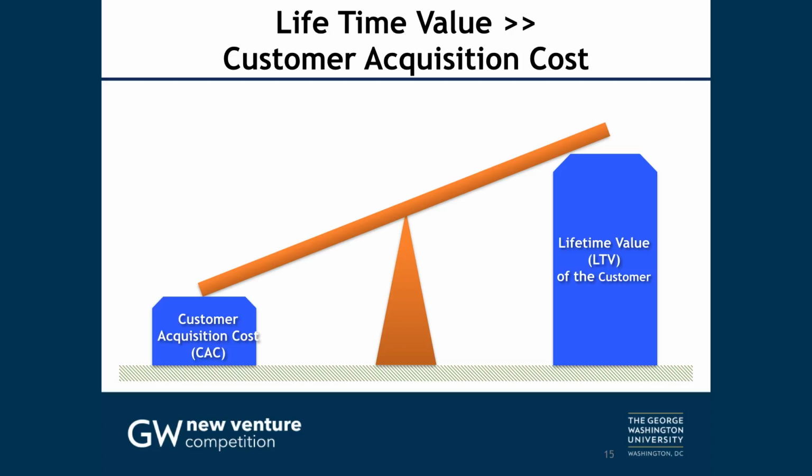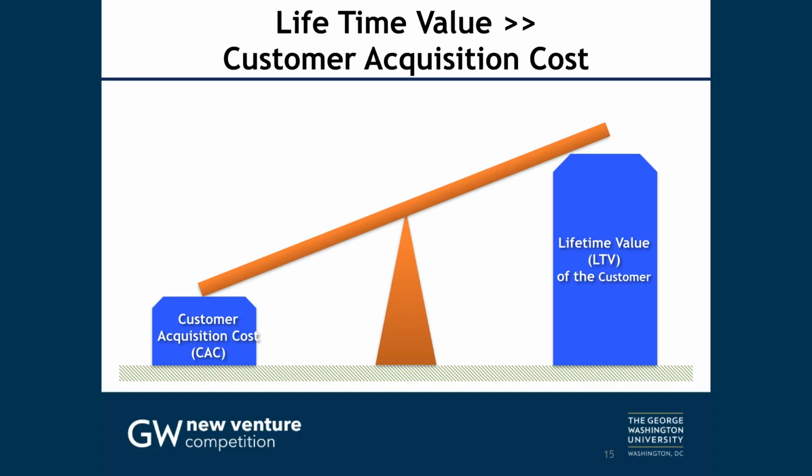As we go forward, you want to have a business model where the lifetime value to you of the customer far exceeds the customer acquisition cost, right? So as you do those calculations, you're looking for a business model where the lifetime value exceeds the customer acquisition cost.